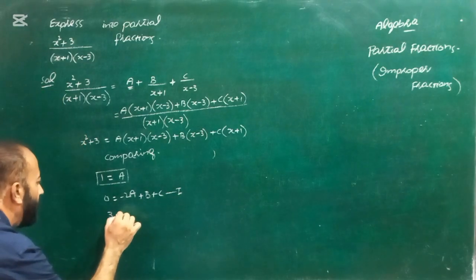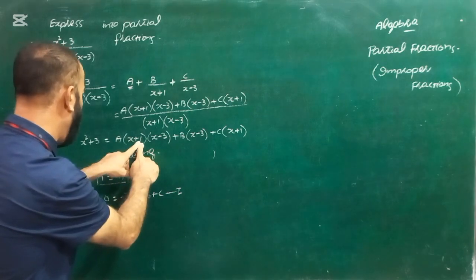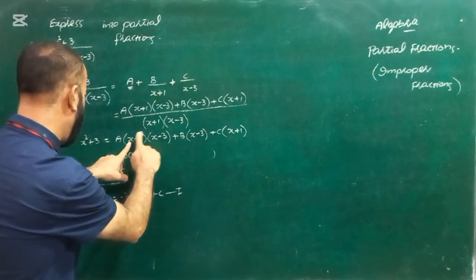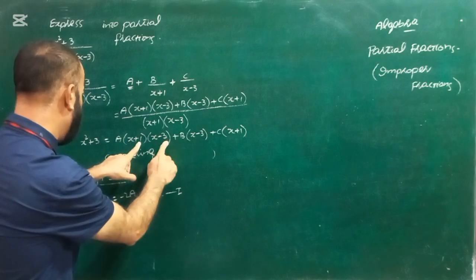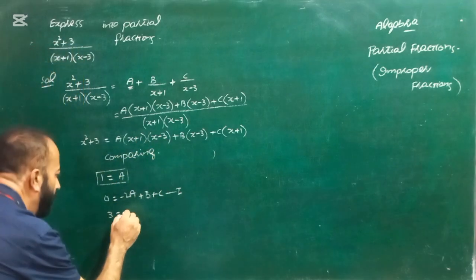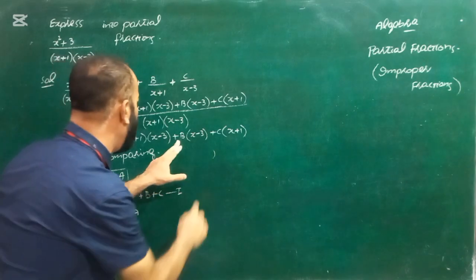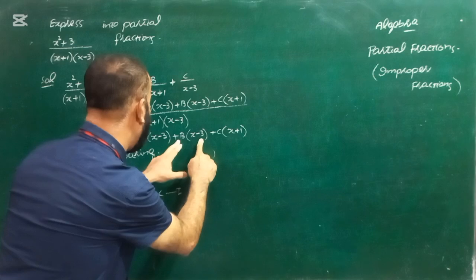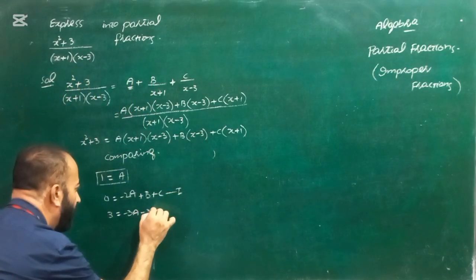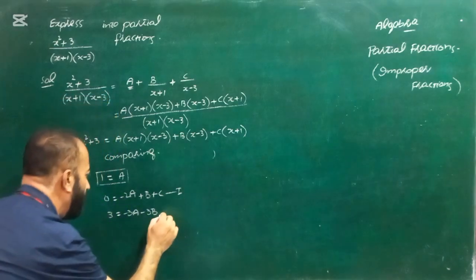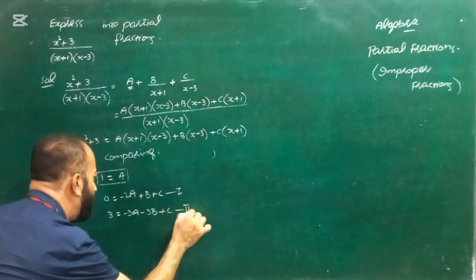So 3 is equal to A, okay, x square minus 3x plus x minus 3, so minus 3A, from here minus B, minus 3B, and from here plus C. So this is equation number 2.